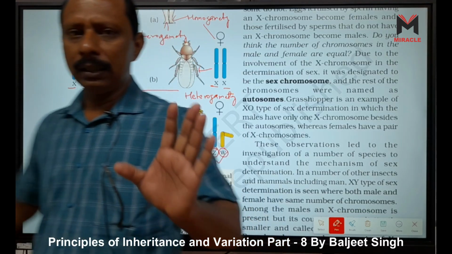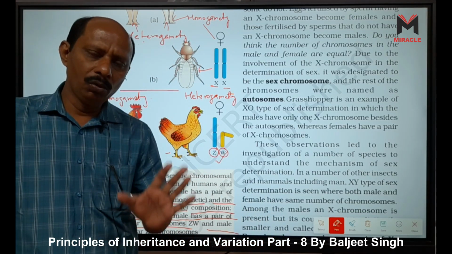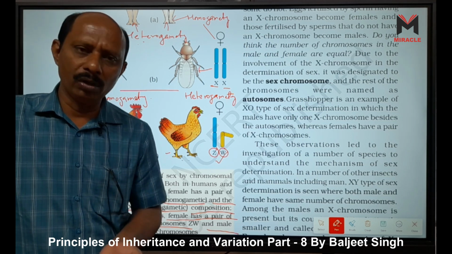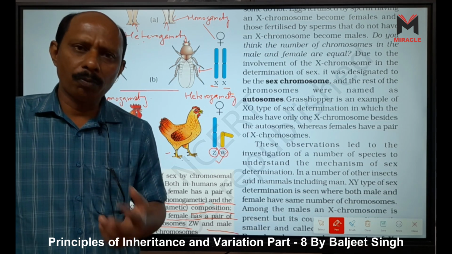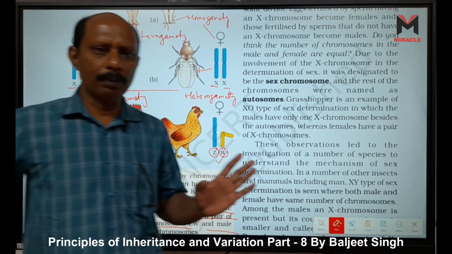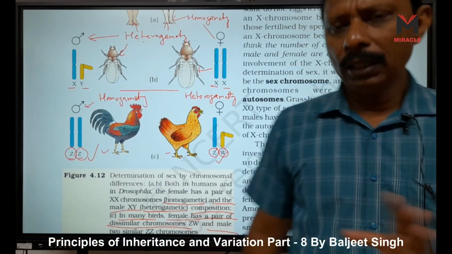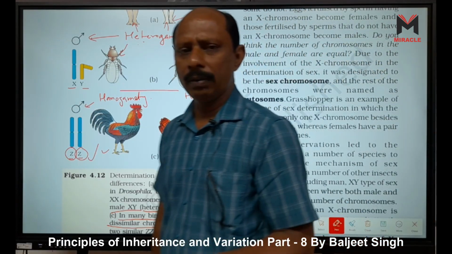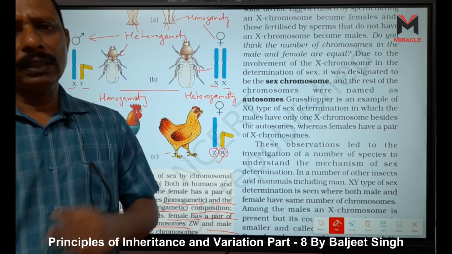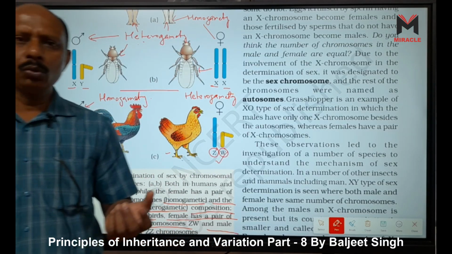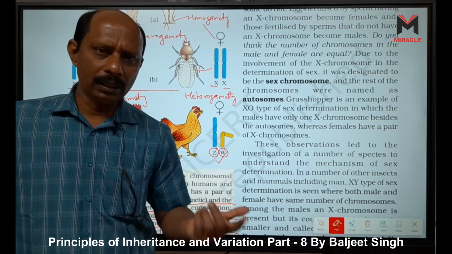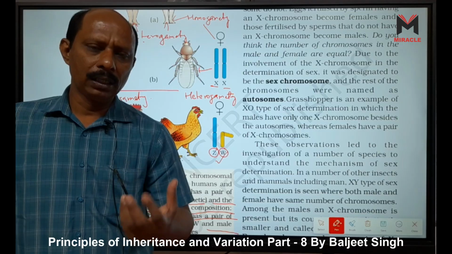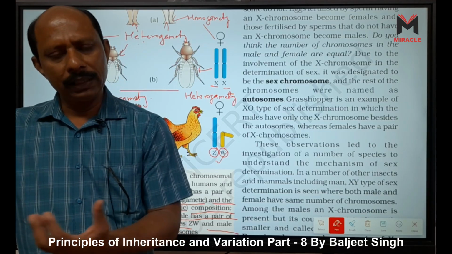We can understand that in Drosophila and in humans, meaning all mammals, the male shows heterogamity and the female homogamity. Male produces two different types of gametes and female produces only a single type. In birds, moths and reptiles it is just the opposite: the female shows heterogamity, ZW type, producing two types of gametes, Z and W. But the male produces only a single type of sperm, ZZ type.